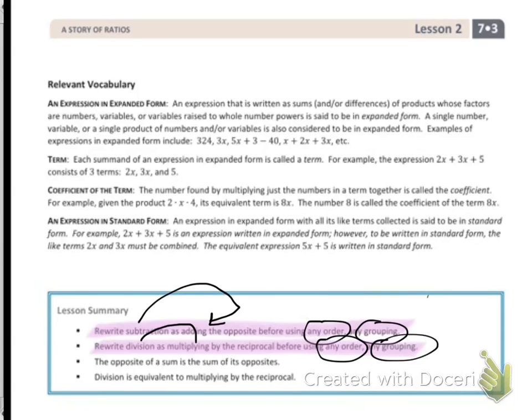The opposite of a sum is the sum of its opposites, which is that whole idea when you change subtraction into addition. And division is equivalent to multiplying by the reciprocal, which is what we just finished.